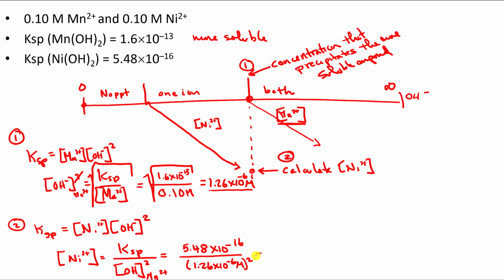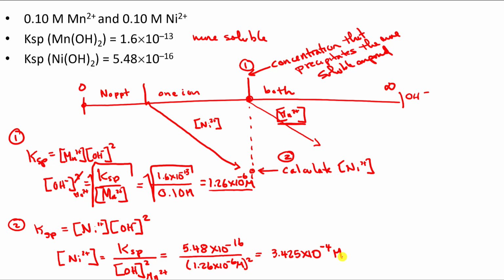Okay, so now the concentration of nickel comes out to be 3.425 times 10 to the minus 4 molar. Okay, so that's the concentration of nickel when the manganese would start precipitating out if you went to a higher concentration, or when manganese is at the solubility limit for its concentration.